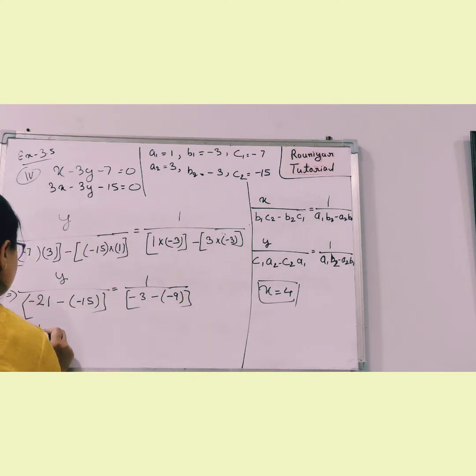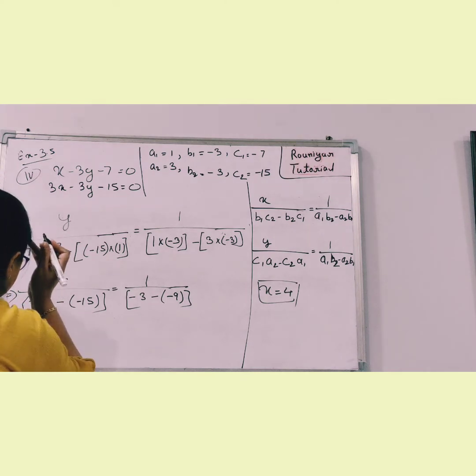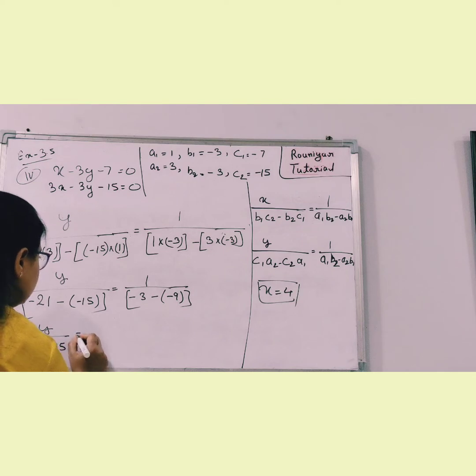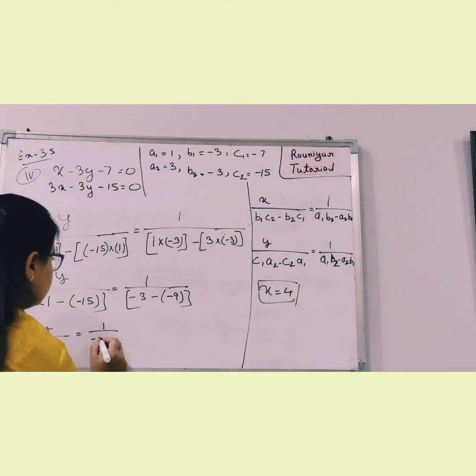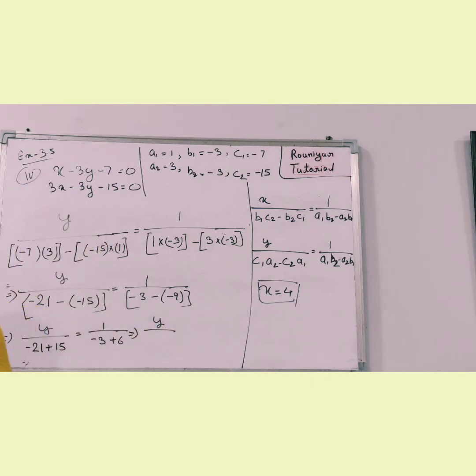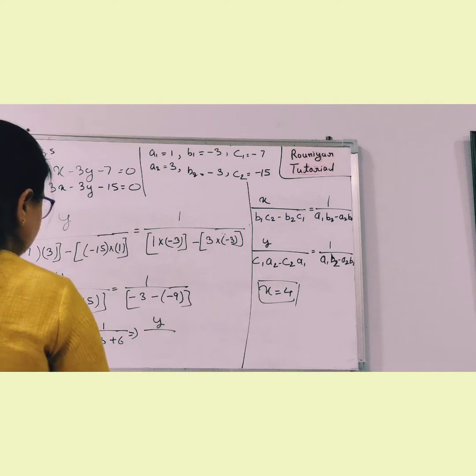So this implies y by minus 21 minus minus plus 15 is equal to 1 by minus 3 minus minus plus 9.